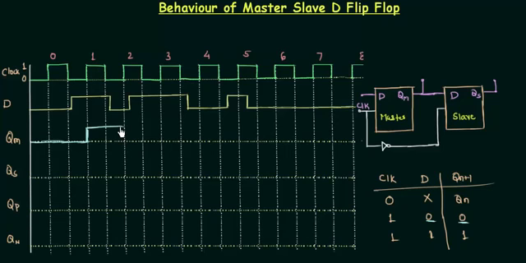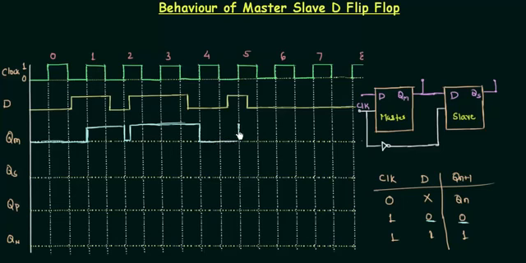So QM will be low initially and again it will become high till the next high pulse, and when the clock is high again, D is high, so it will remain high for the next high pulse, and for this high pulse you can see D is low, so it will again go low.